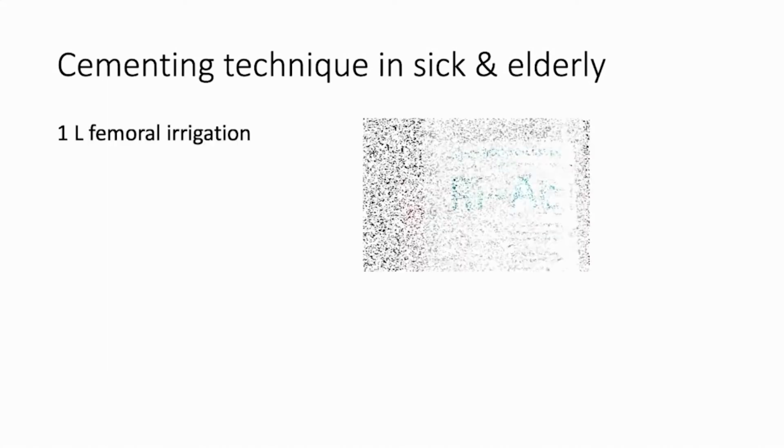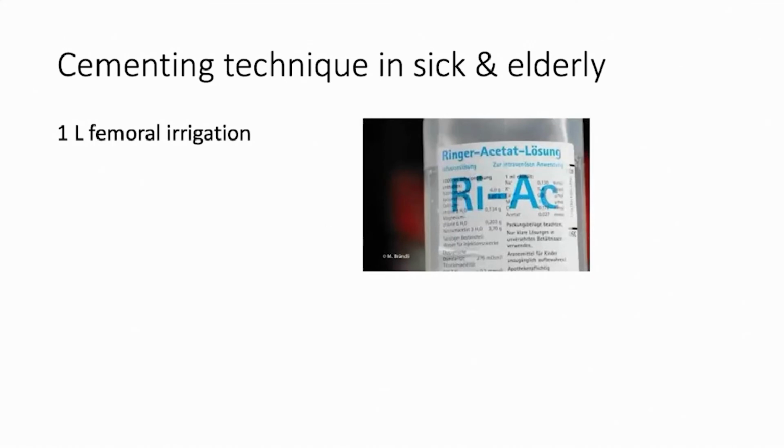The trick is to adapt your cementing technique in the sick and elderly patients, which means that you use excessive femoral irrigation to really clean the femoral canal from all the fat that there is, because it's the fat that causes the emboli. It's not the cement itself, usually.